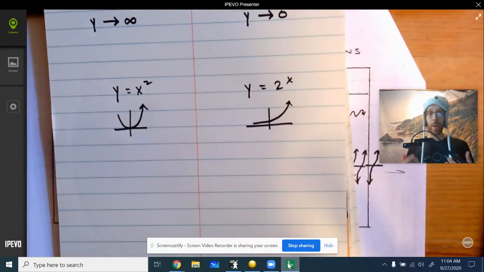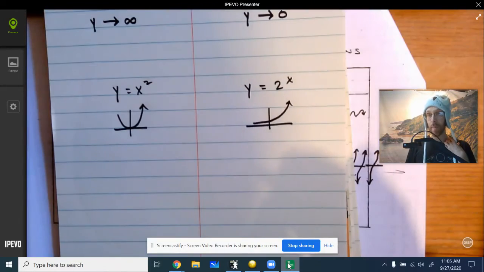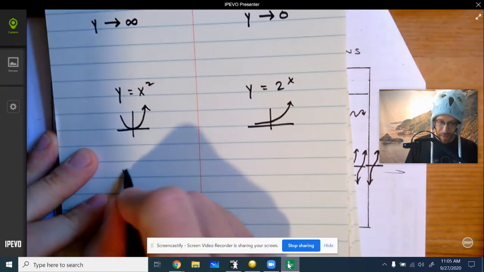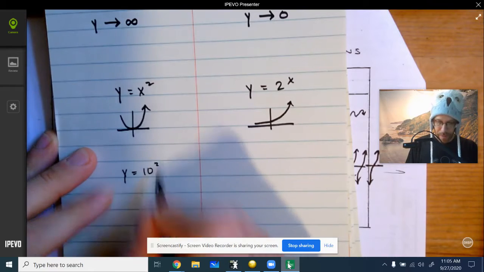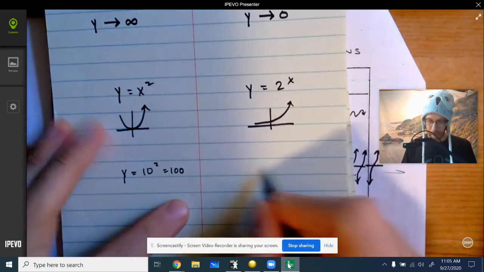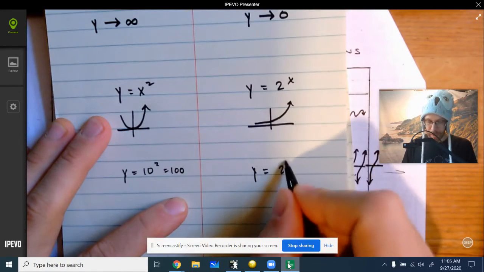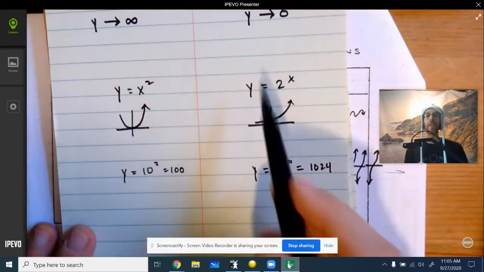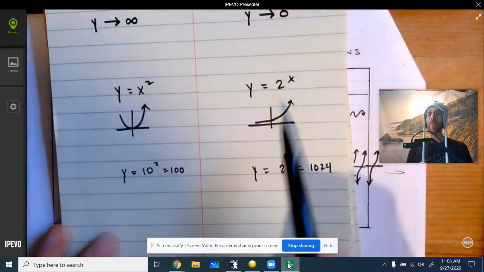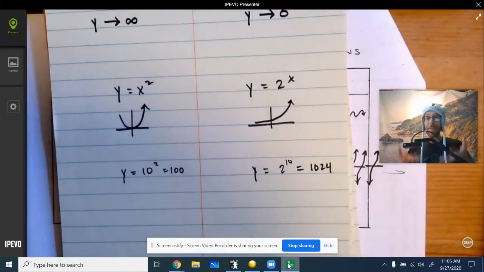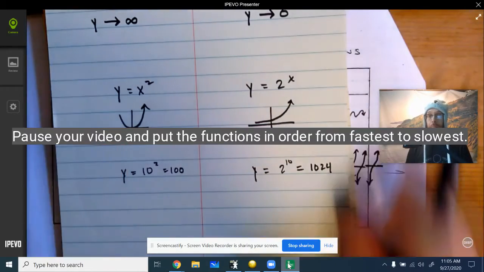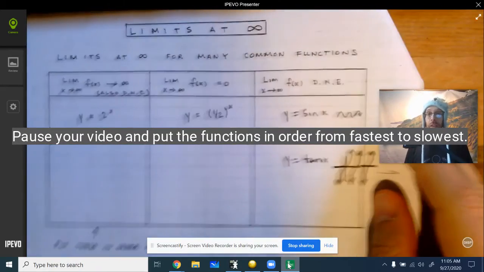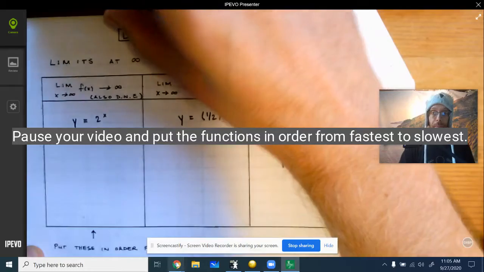If we wanted to know which one is getting there faster, we could just plug a big number in, right? So again, let's try 10. If I plug in 10, this would be 10 squared equals 100. And over here, if I plugged in 10, I would get 1024. So see how the 2 to the x is growing faster, or it's getting to infinity faster than the x squared. So right now, pause the video, and I want you to see if you can put these in order.